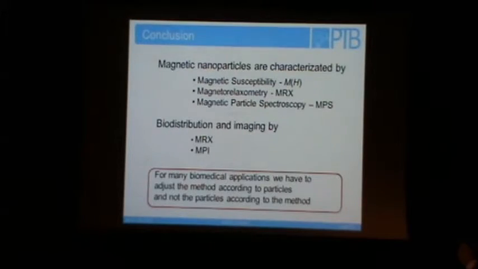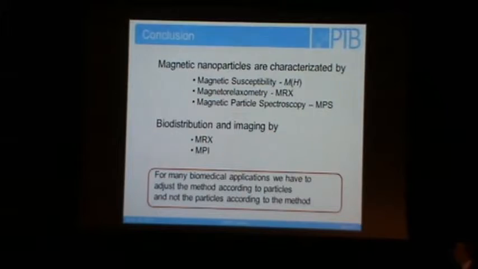And the message I would like to give in my talk is that we have a couple of biomedical applications of magnetic nanoparticles. And if we want to help with these applications, to make them work and to understand how they work, we have to use these techniques, and we have to adjust our techniques to the needs that are given by the biomedical problem.